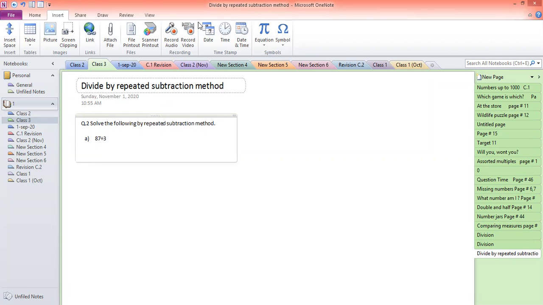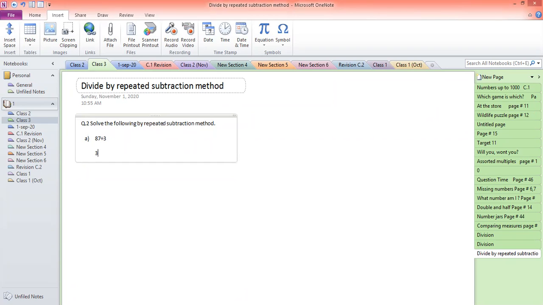Yes, guys, how will you divide using the subtraction method? What is the subtraction method? It is very easy. You just have to divide this 87 by 3. It is very easy to multiply any number by 10.